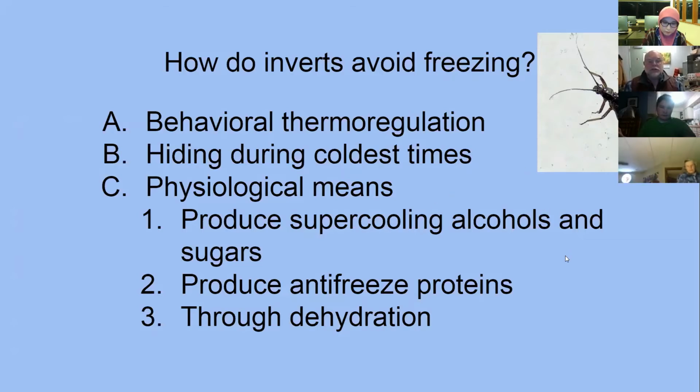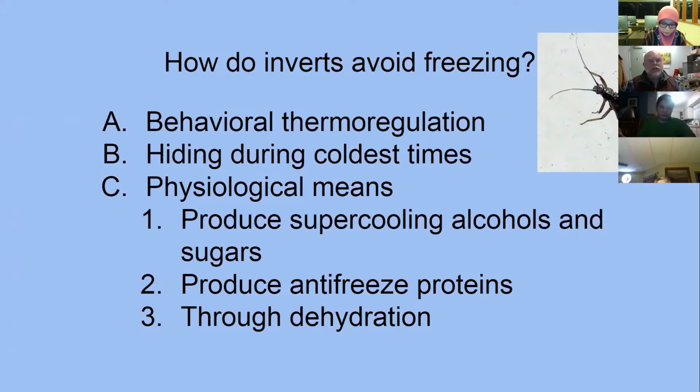Other insects may then also produce antifreeze proteins. They're small proteins that act to provide a nucleus about which ice can form, but they keep the ice crystals really small.